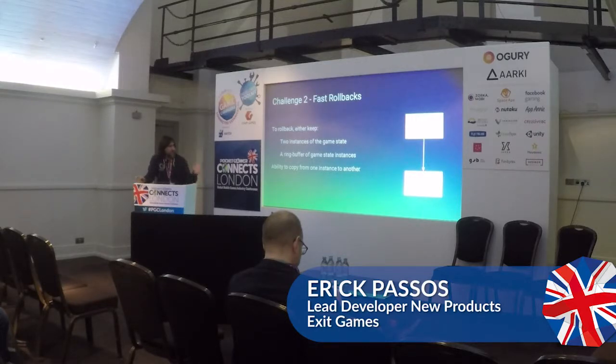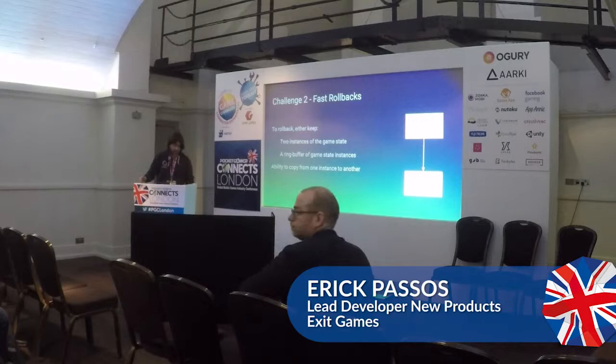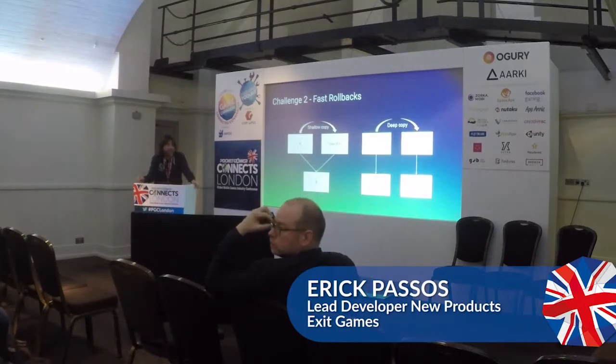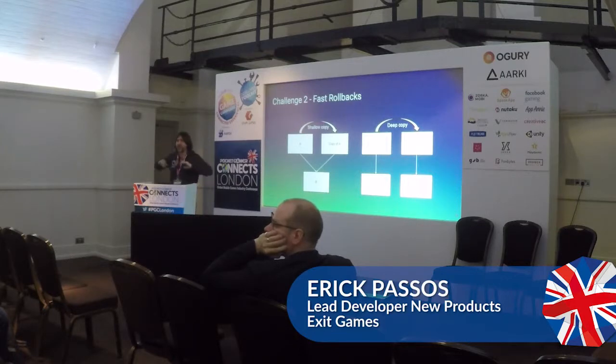In essence, what you need is a way to copy the complete game state from one instance of the structure that represents a game state to another, and you have to do that very fast. In essence, you need a deep copy. So if you have an object-oriented game state with a lot of classes and instances of them all across memory, you're screwed, because you have to implement a deep copy.